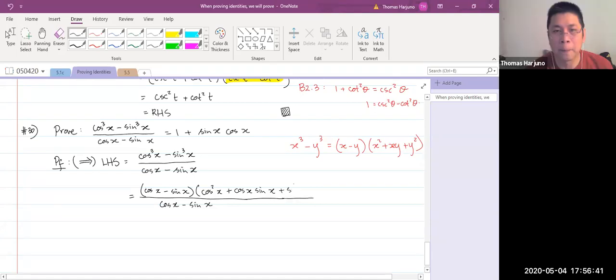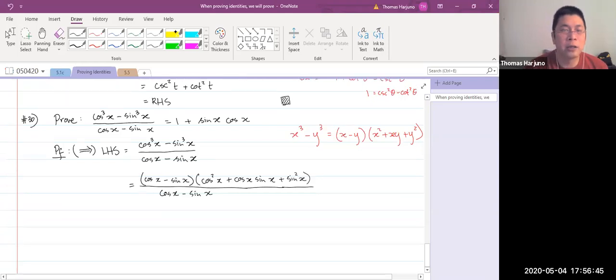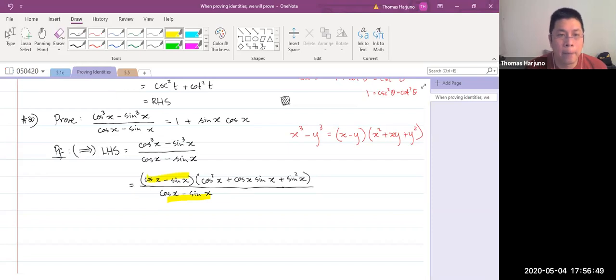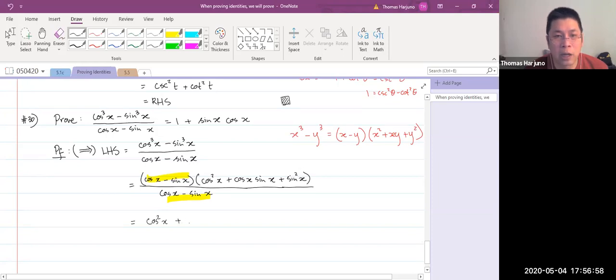That's right. So you notice that this factor cancels with the denominator, right? So we get cosine squared x plus cosine x sine x plus sine squared x.